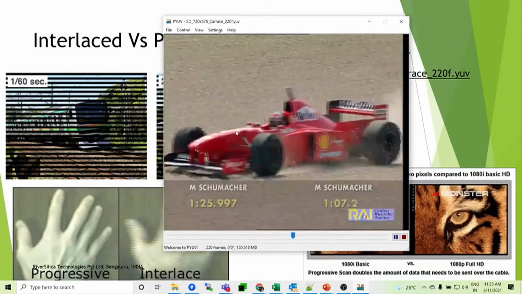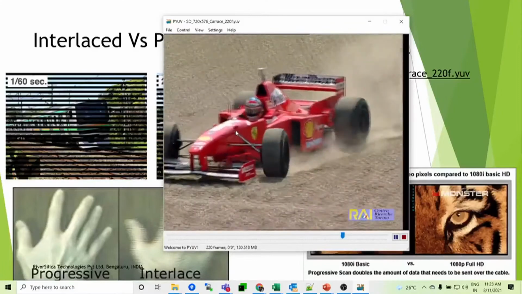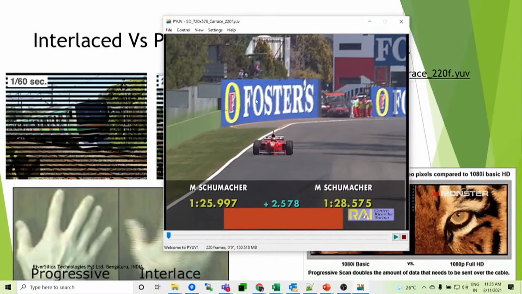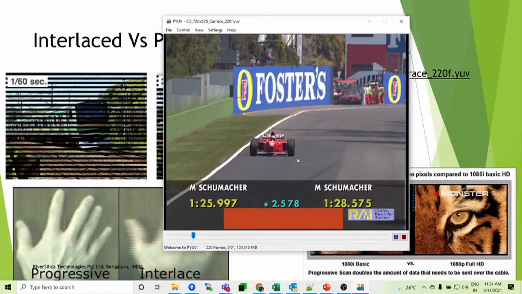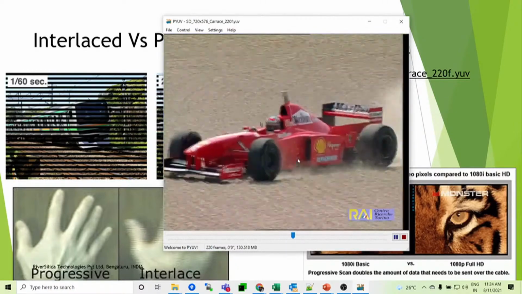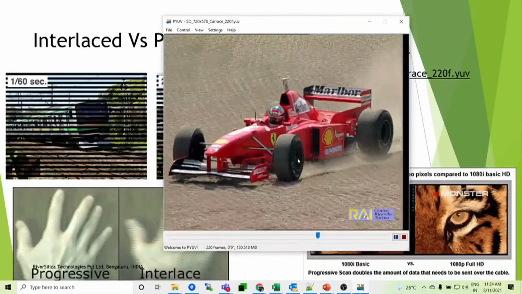But I will tell you where exactly the problem is. When this car is running here, can you see the poster? Yes, sir. Can you see that combing artifact? Yes, sir. Lines, but really it is not there. When it is running you will not see any problem, but once you stop it you will see a problem at the edges.